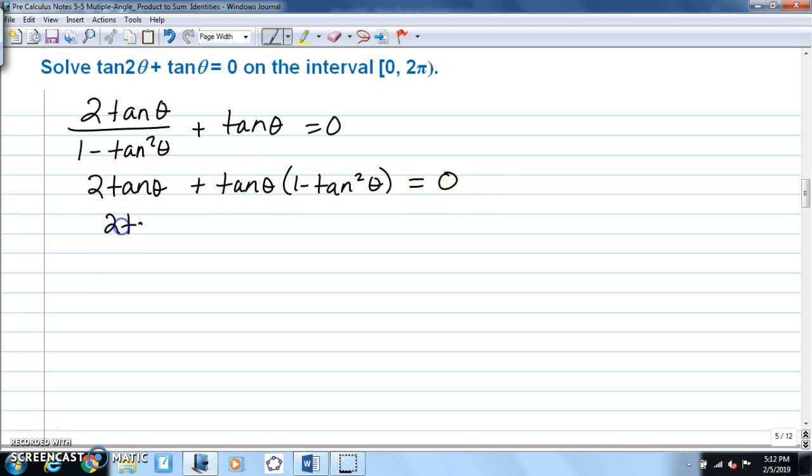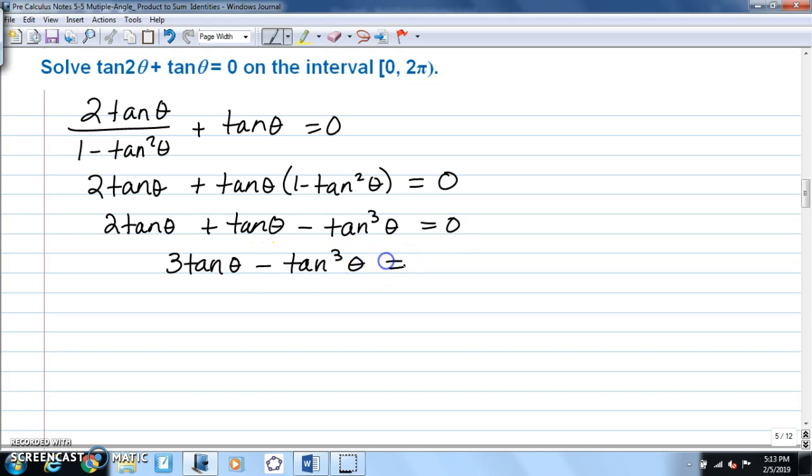So we have 2 tangent of theta plus tangent of theta minus tangent cubed of theta equals 0. Well, 2 tangent of theta plus tangent of theta is 3 tangent of theta. I still have this minus tangent cubed.